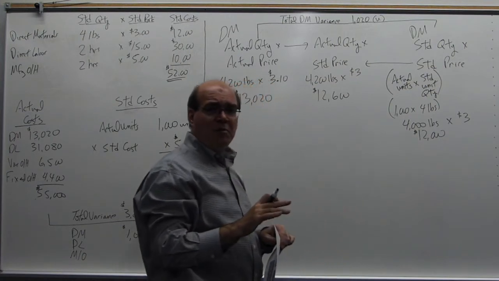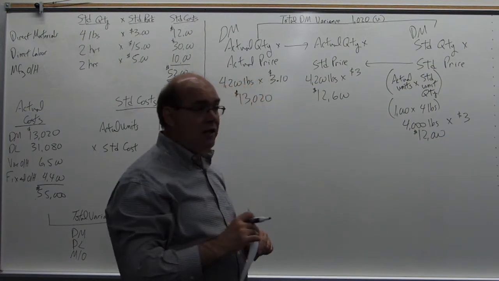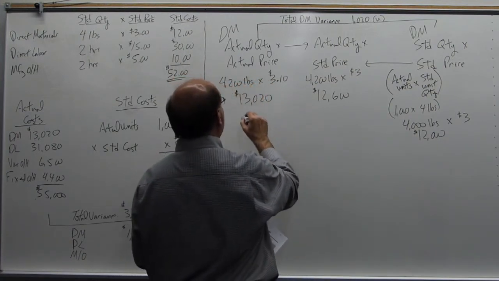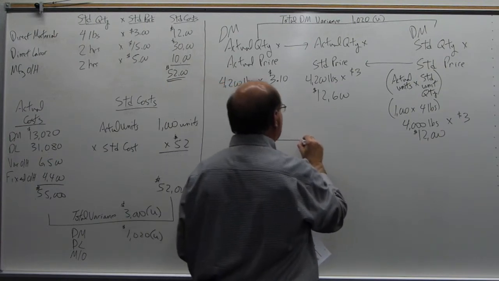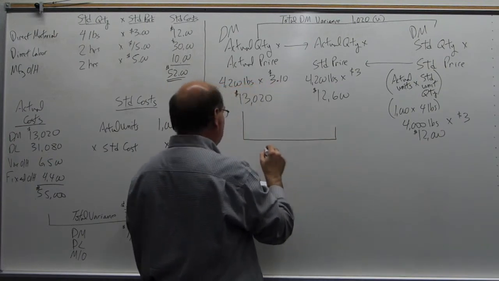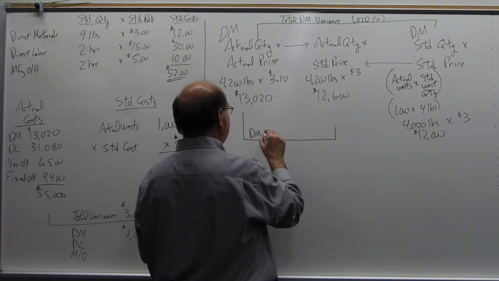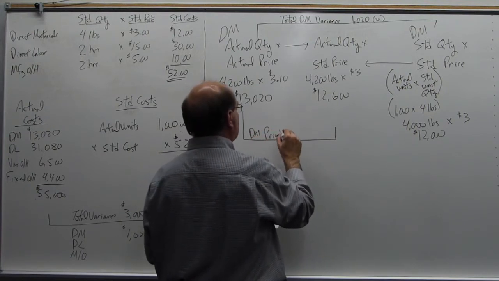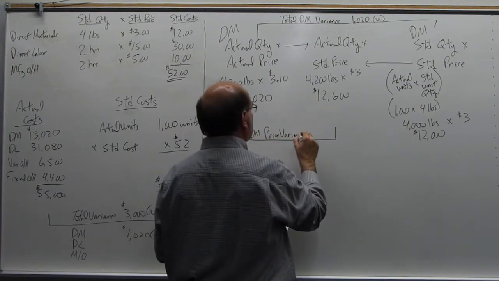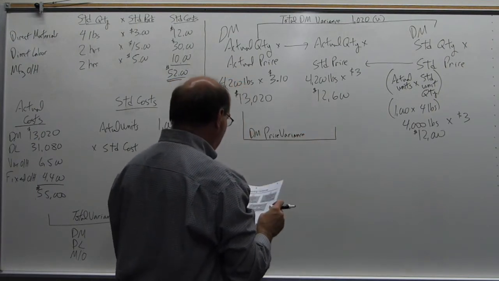But just because I want people to understand how the formulas work as well, let's do it with the formula. We're going to find the difference between these two, and this is going to be my direct material price variance. What's the formula for that?